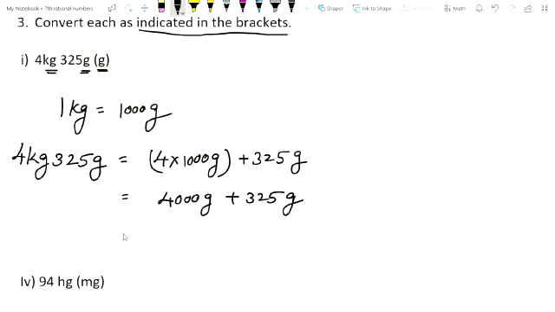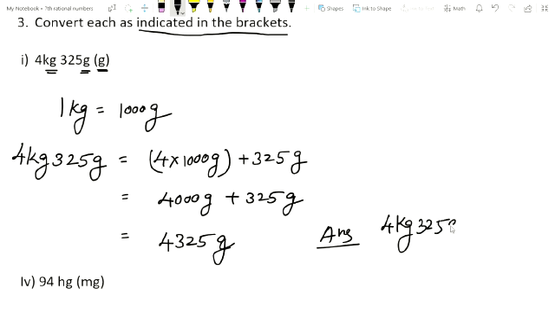Now you add this, what you will get? 4325 gram. So what is the answer, children? 4 kilogram 325 gram equal to 4325 gram. You understand? Okay, see the next one.